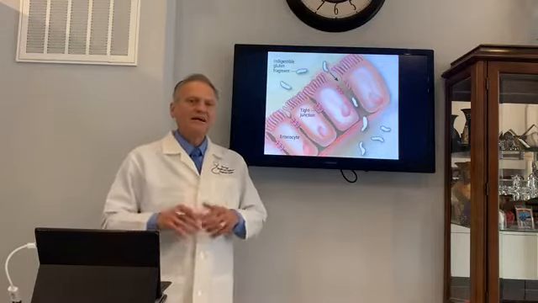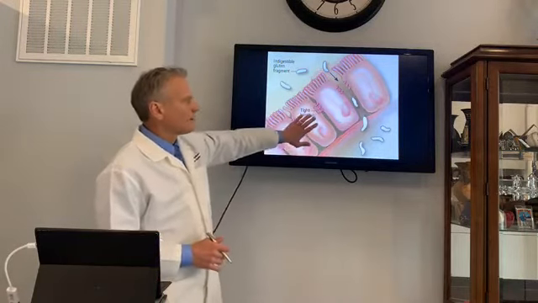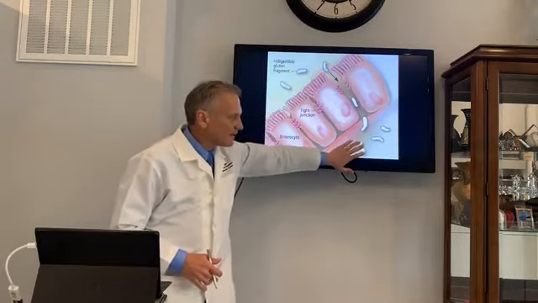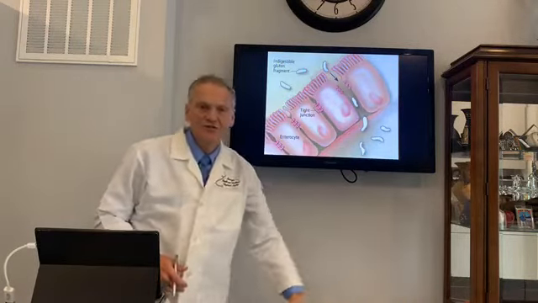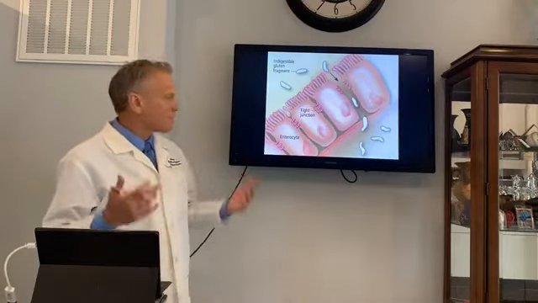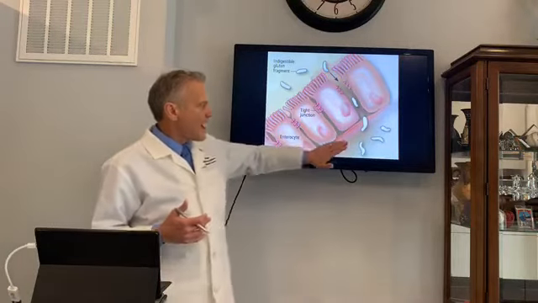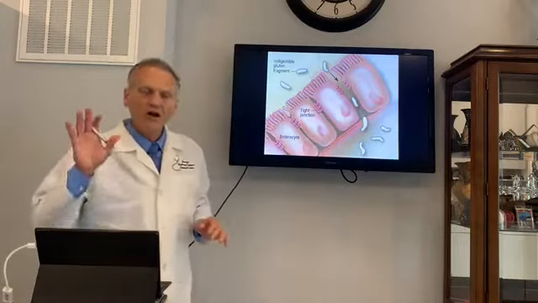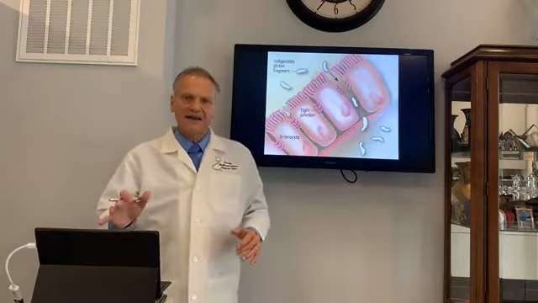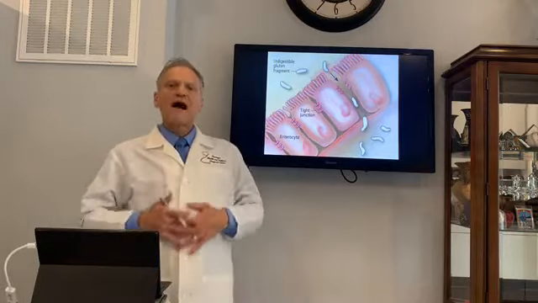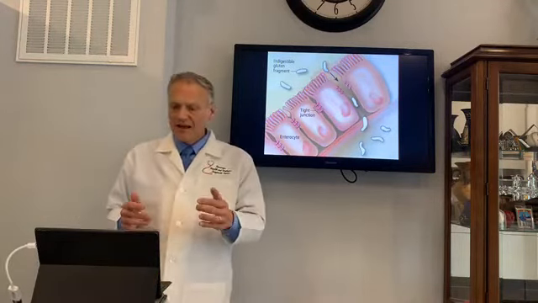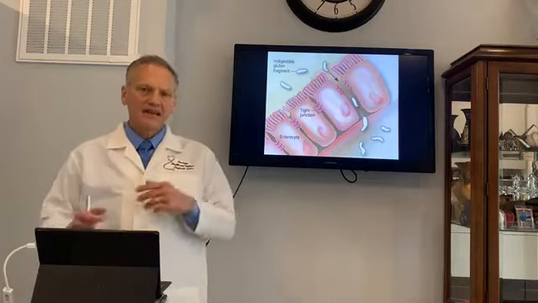We only have about 10 minutes left, so I will keep that in mind. But in the gut, we have one cell lining. Here's where the food is coming through, and here's where it's getting into the body and going into the liver so it can be processed. You have about 60 to 80% of your whole immune system right here in the gut for the very purpose to make sure that you don't have bad things coming in.